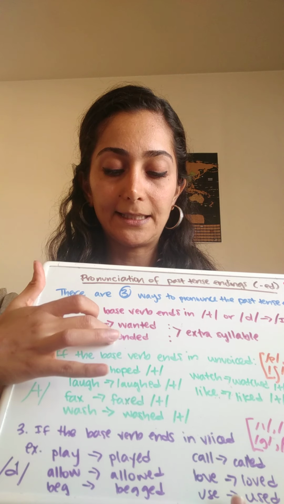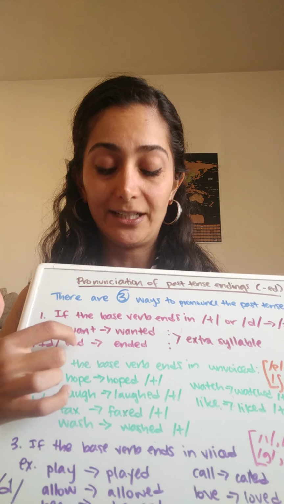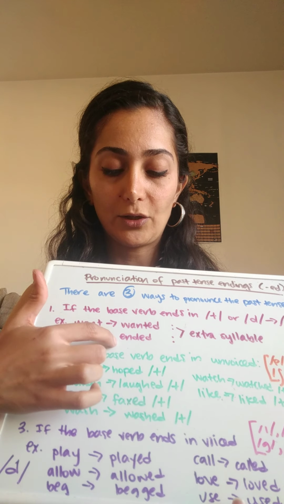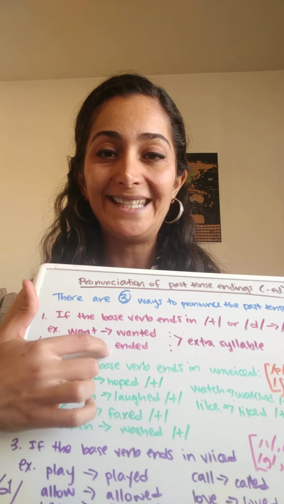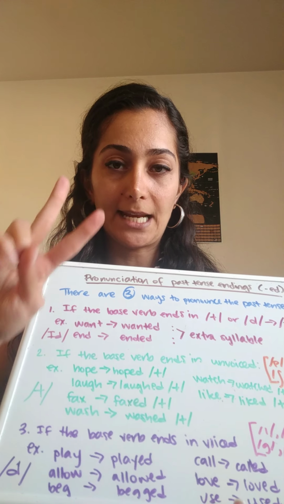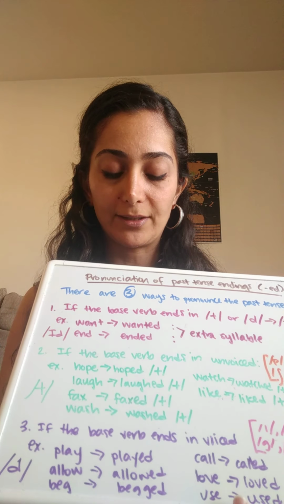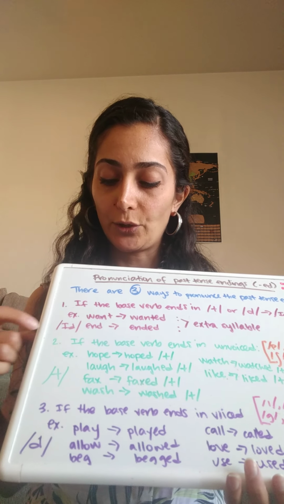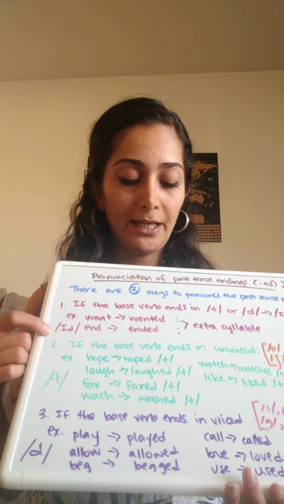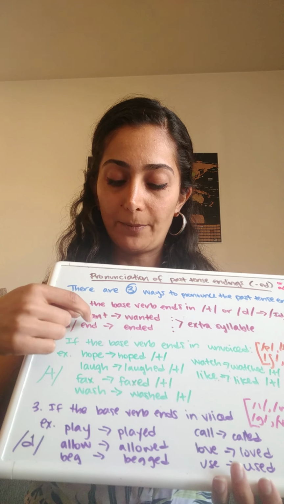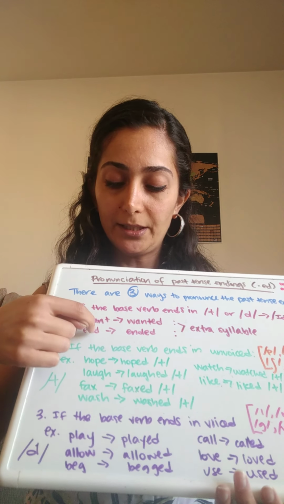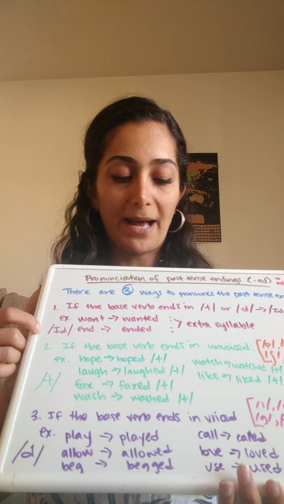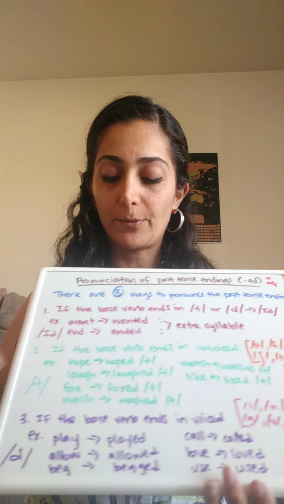In the past tense, again, ending with d, we end with id. So the past tense becomes ended. Again, an additional syllable is added. So we have end, ended. The rule to remember for id is if the base form of the verb ends in t or d, we use the id ending for past tense, which means an extra syllable.